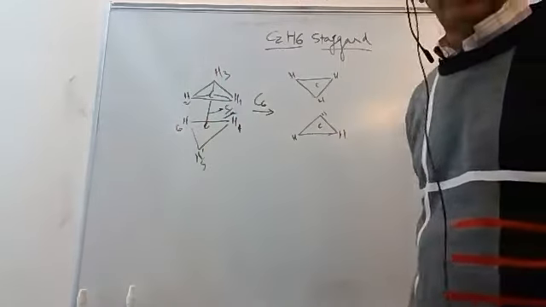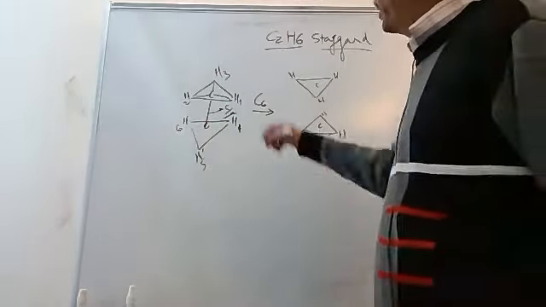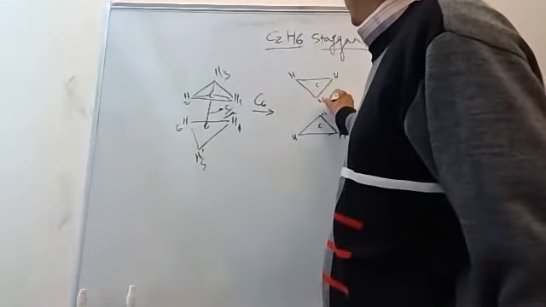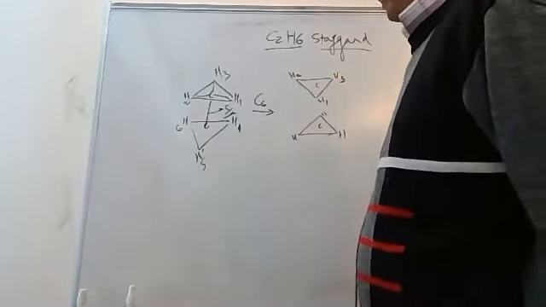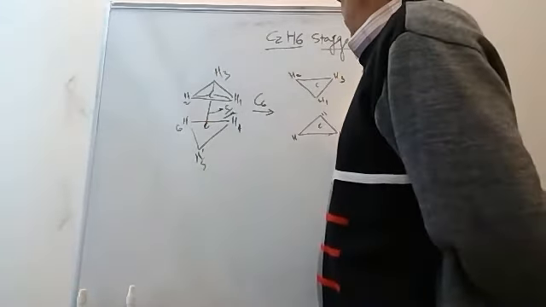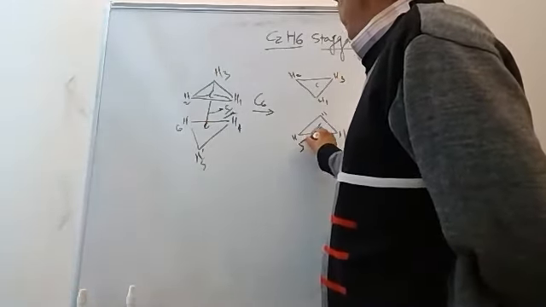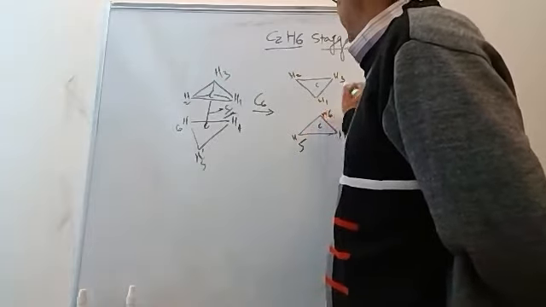There are 6 hydrogens in this. So when you rotate by C6, H1 comes here, H2 goes there, H3 goes up there. And H4 comes here, H5 is here, H6 goes back.